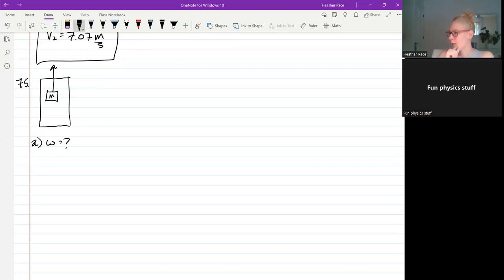What do we know? We know that M equals 2 kilograms. We know K equals 500.